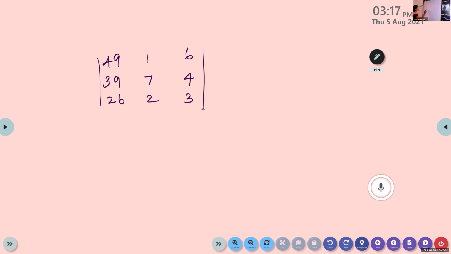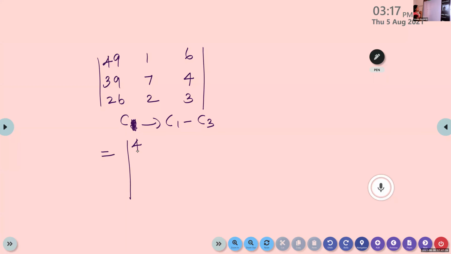Here, the change I'm going to do is C1 gets C1 minus C3. Like the row operations, we can use column operations also. So what happens when you subtract C1 minus C3? The change happens in the first column.